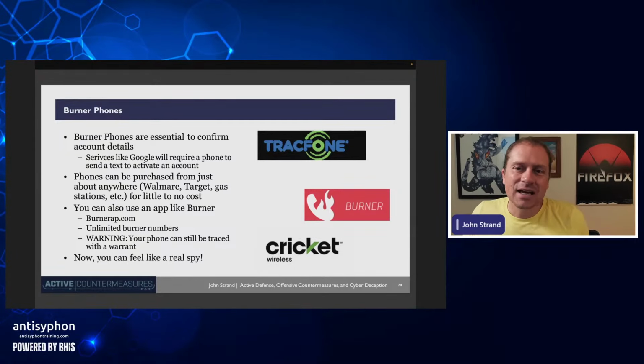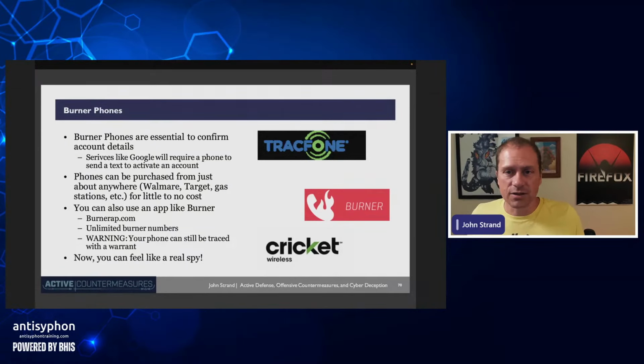However, if you're going up against nation state level adversaries, you may want to go a little bit crazier. You still will want to have a burner cell phone, but never, ever, ever turn on your burner cell phone and activate it and then shut your regular cell phone off at the exact same time. Why would I recommend not doing that?